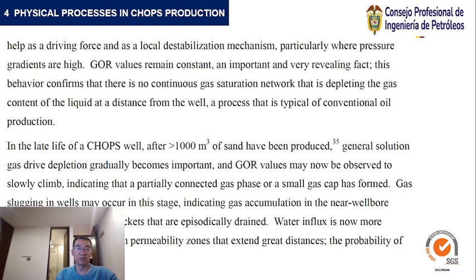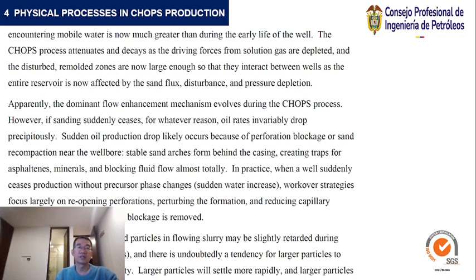Gas slugging in wells may occur at this stage, indicating gas accumulation in the near wellbore region to form small gas pockets that are episodically drained. Water influx is now more probable because of the high permeability zones that extend a great distance. The probability of encountering mobile water is now much greater than during the early life of the well.